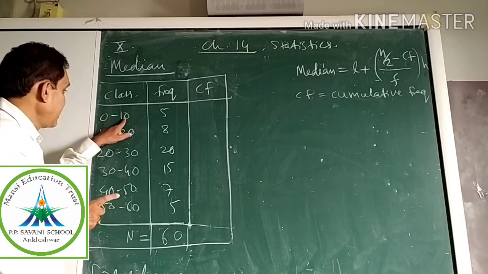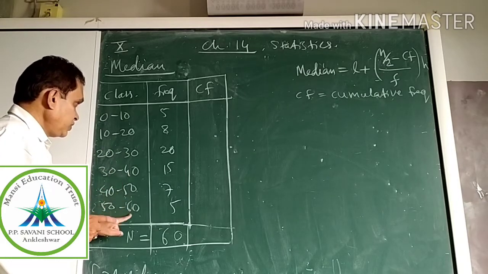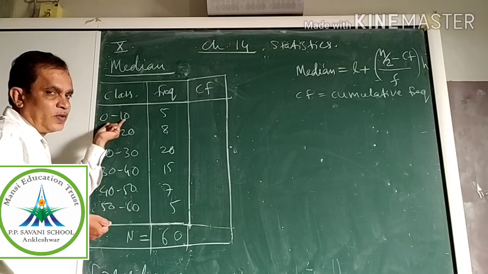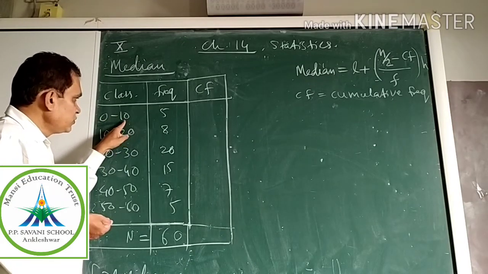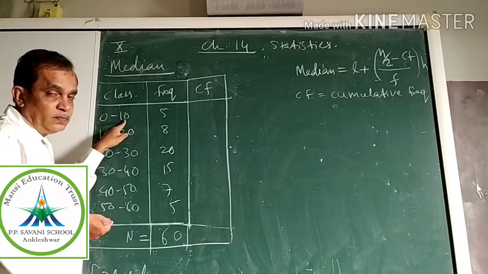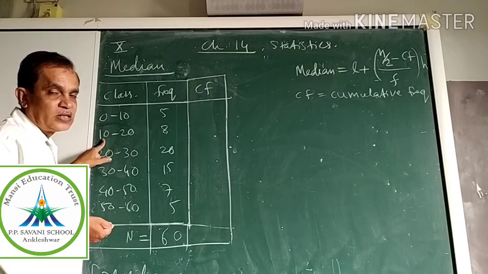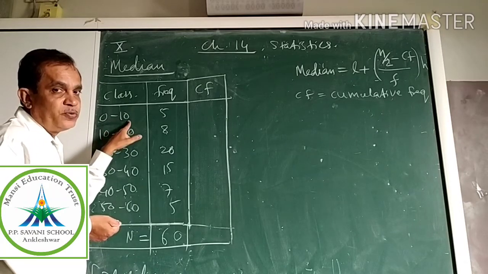First check whether the data is continuous. Is this class inclusive, including 10? No, because 10 becomes the lower limit of the next class. So this is exclusive data.